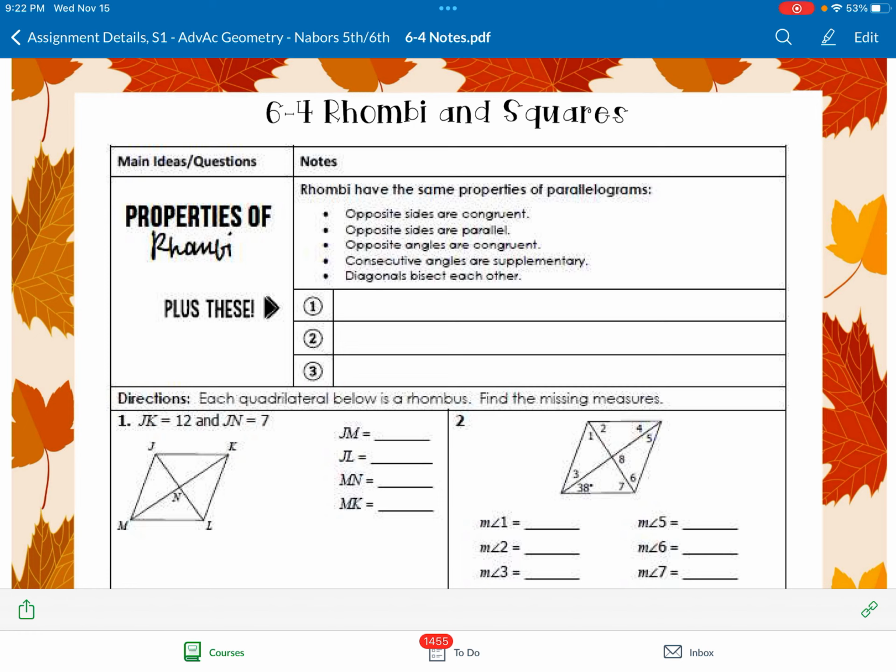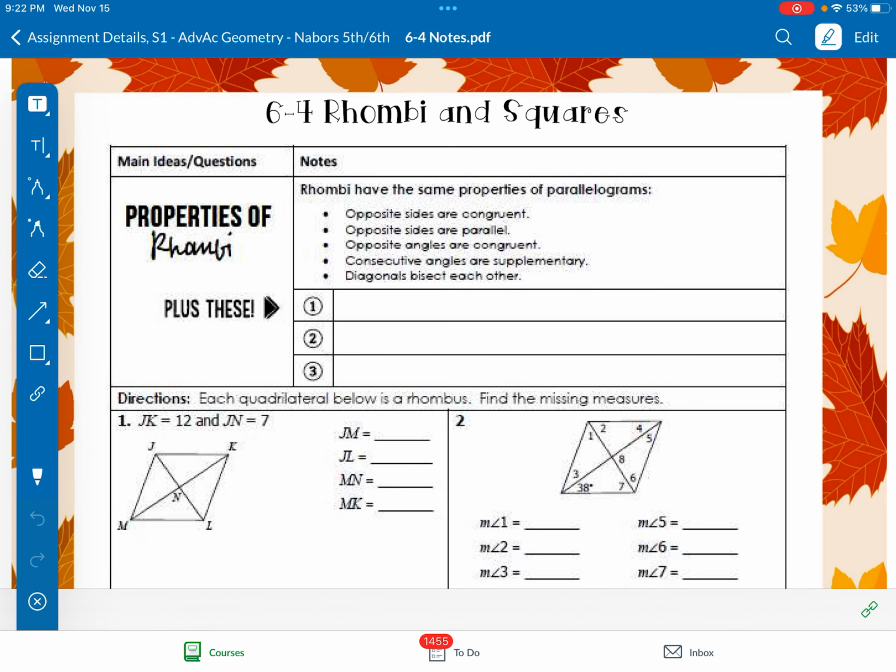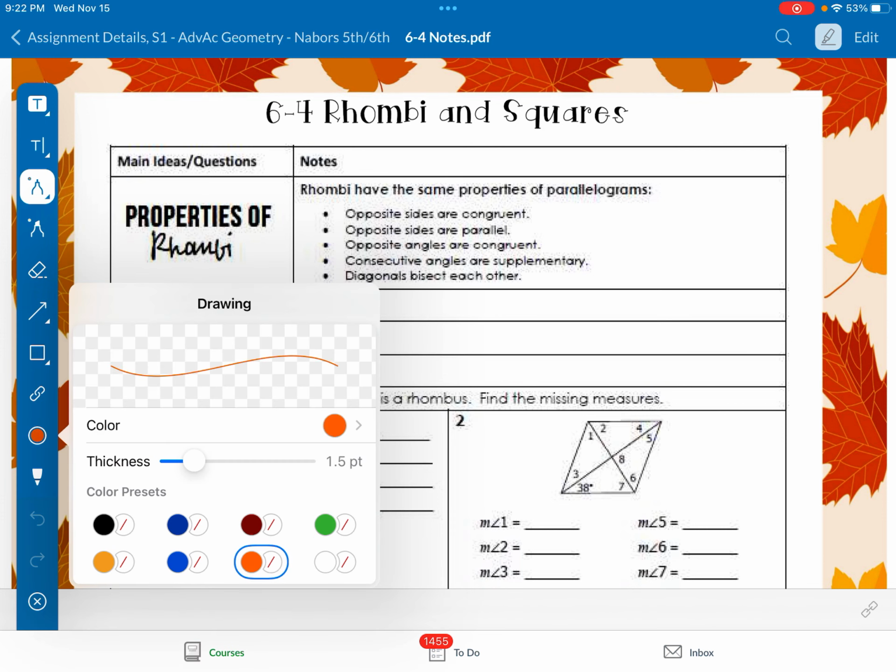Okay, so we're talking about rhombi and squares. Again, rhombi are parallelograms, so they have the same 5 things in common that all parallelograms have that we've talked about over the last couple of days.